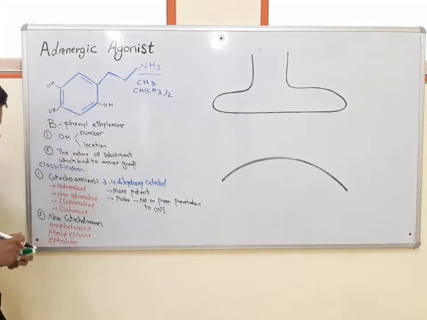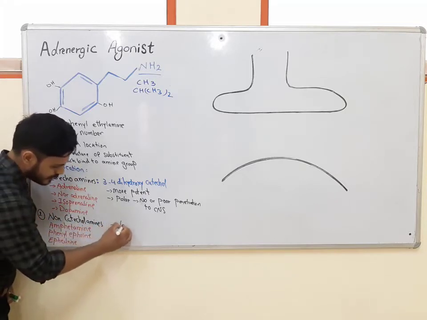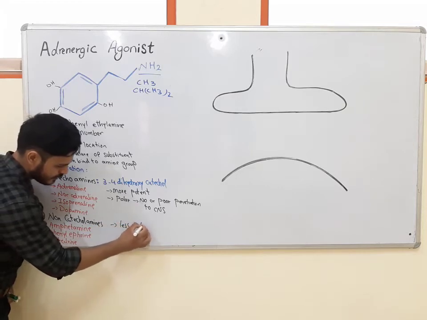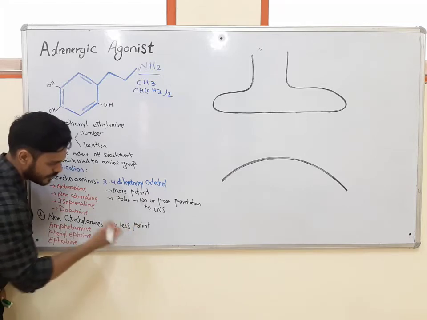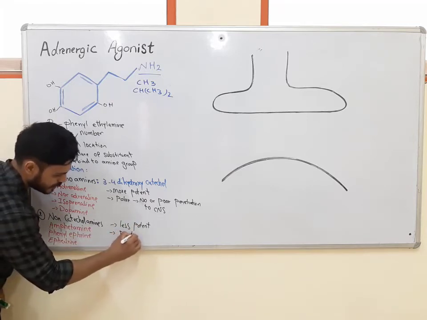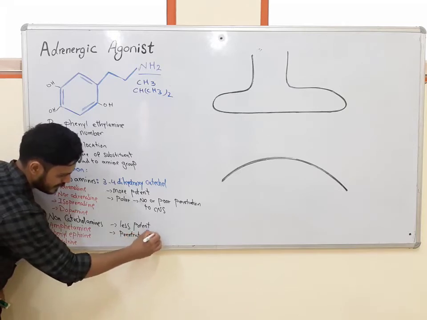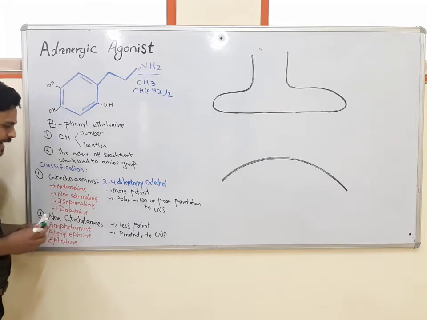These are the characteristics of catecholamines. What about non-catecholamines? They are less potent and they have good penetration to the CNS. They can penetrate the CNS, so we can see the effect of these drugs in the CNS also.